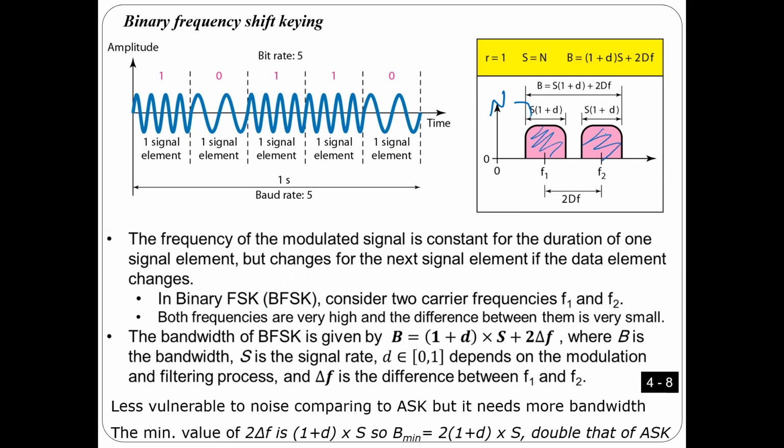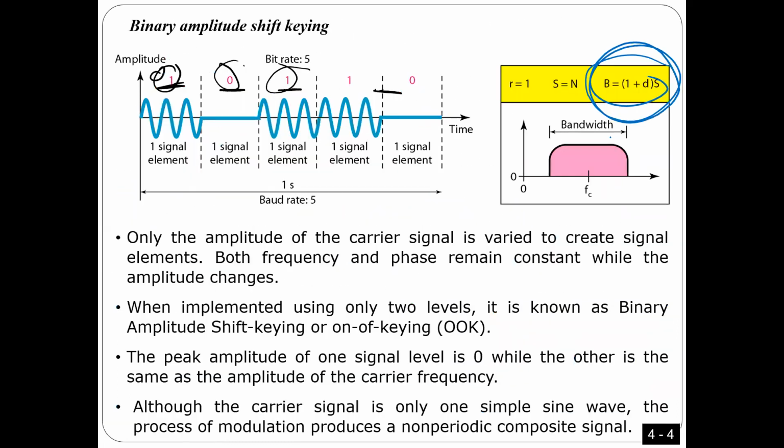What is bad here compared to what I explained before is that the bandwidth is double. Before, the bandwidth was only 1 plus D times N. Now the bandwidth is going to be double, which is bad for sure.